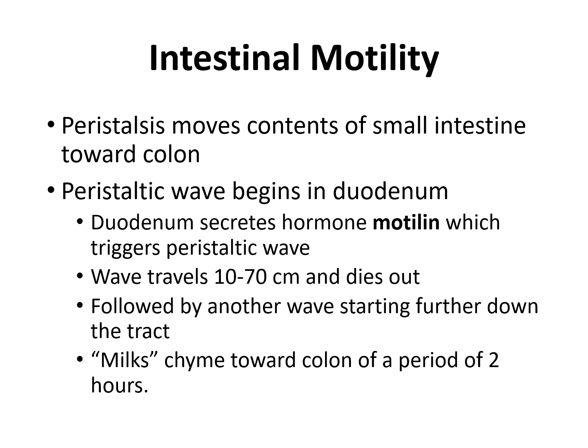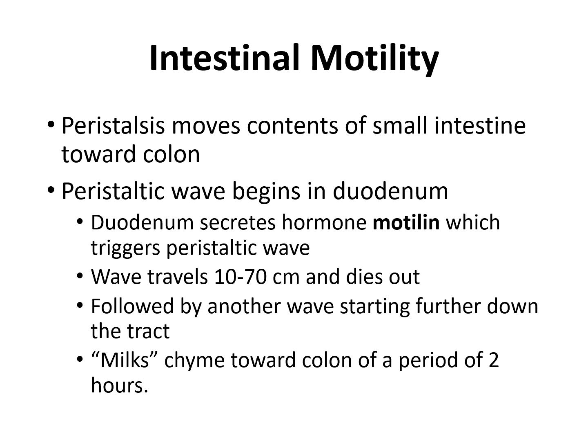So the duodenum will secrete a hormone called motilin, and motilin triggers a peristaltic wave beginning in the duodenum. And that wave will travel about 10 to 70 centimeters, and then it will die out, only to be followed by another wave that begins a little bit further down the track than the first one.